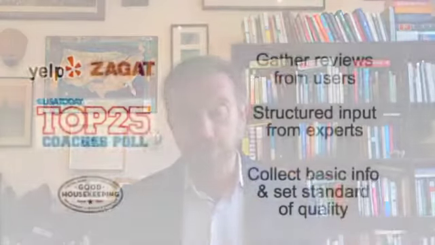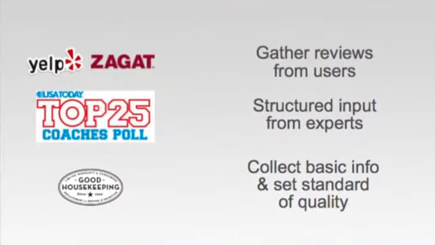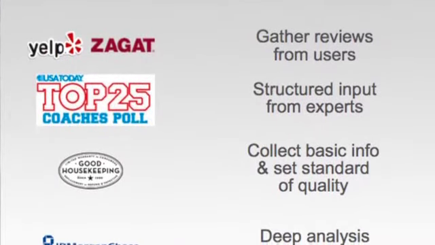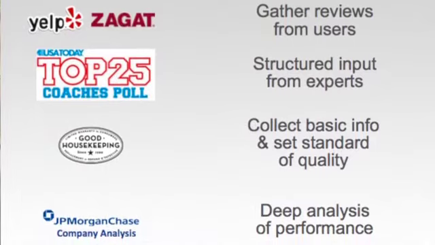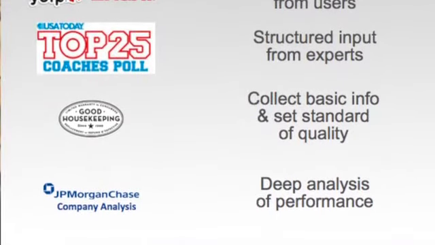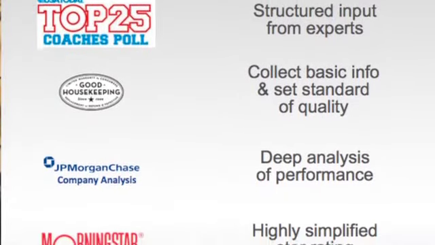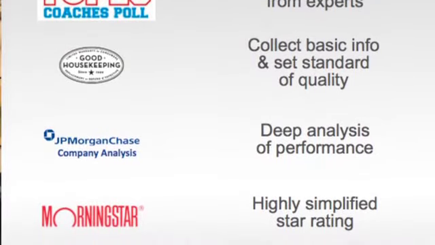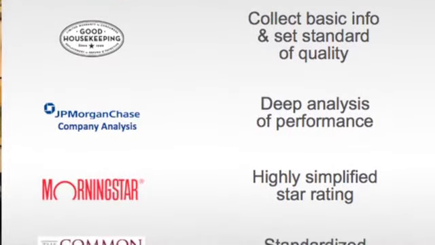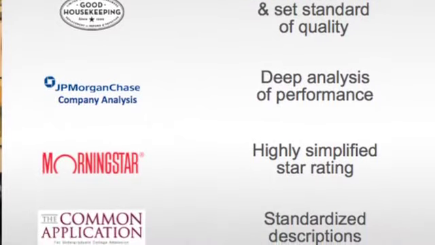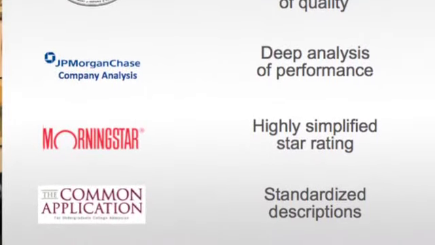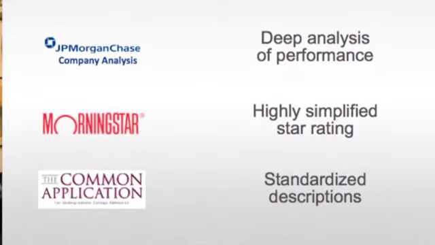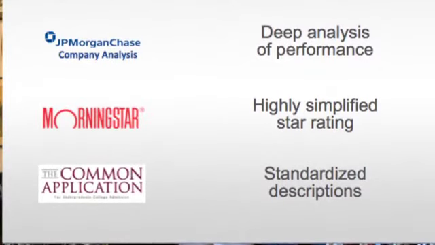And in many ways, they parallel efforts that we've seen in the private sector to help people navigate a complex situation, whether that's Yelp trying to help someone figure out what restaurant to go to, or a survey of experts to determine the best college basketball team, or something like the Good Housekeeping Seal of Approval to create a basic standard or baseline for a consumer purchase, or tools that we've seen on Wall Street for analyzing securities, companies, etc., or mechanisms like the Common Application for applying to college.